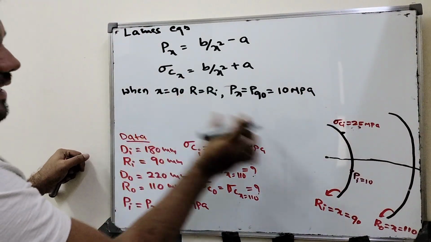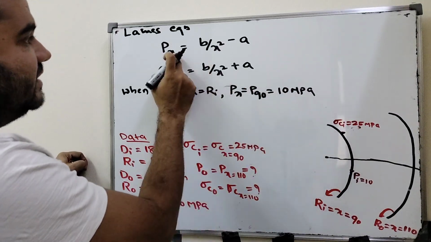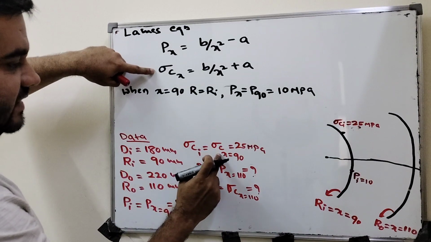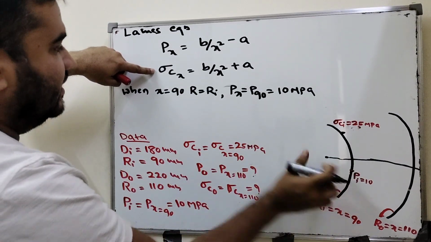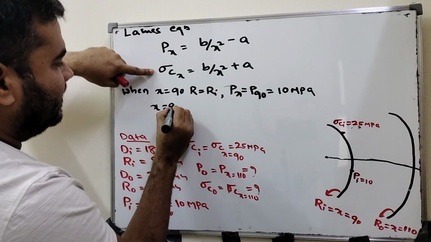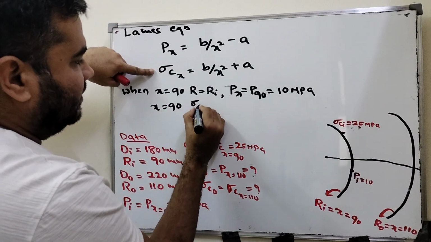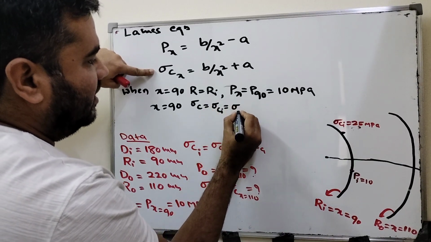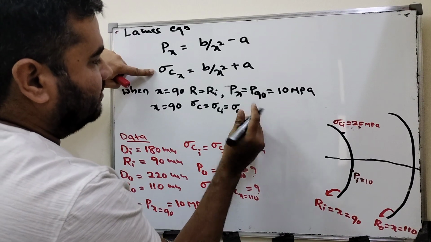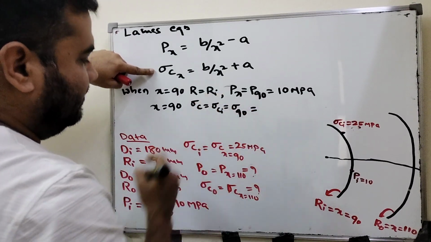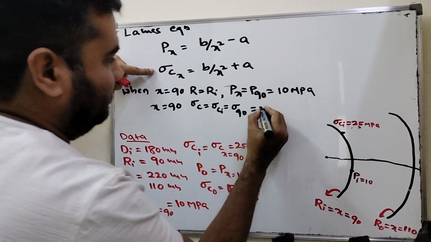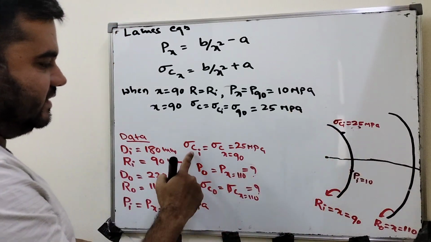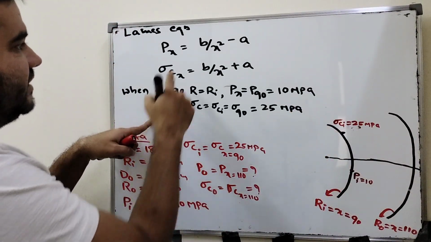When x equal to 90, the pressure is 10 MPa. Next, the circumferential stress is also given at x equal to 90 only, on the inner side. Similarly apply when x equal to 90, sigma C equal to sigma Ci, that is sigma at 90, equal to 25 MPa. This we have already noted down here. Apply these two conditions on these equations.